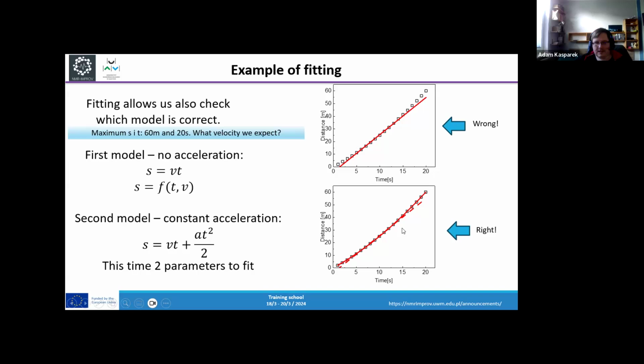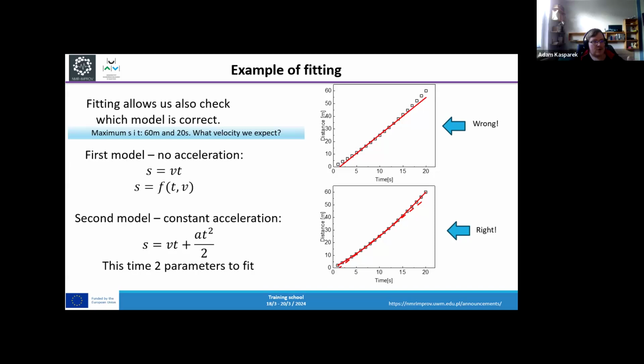But to be clear, the fact that the fit is better doesn't always mean that the model is better, because usually we first have to check whether the first model was wrong. The fitting is a mathematical procedure, and the mathematical procedure doesn't know true reality. It just checks the numbers.